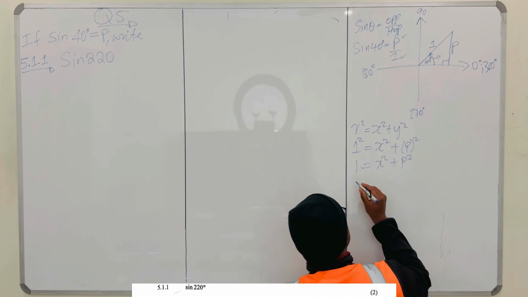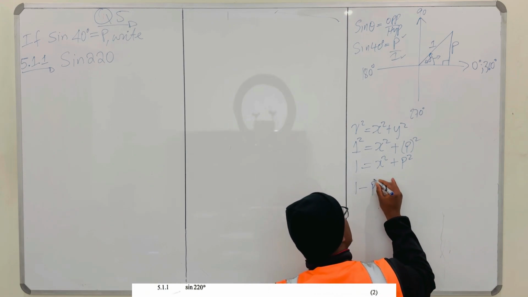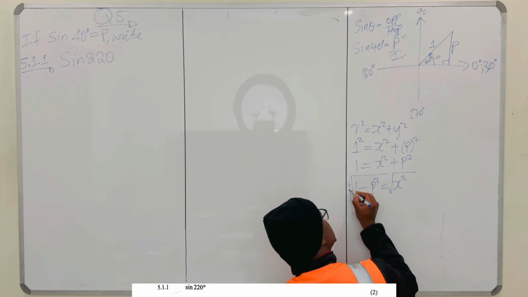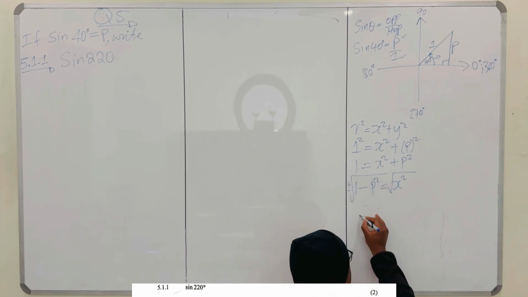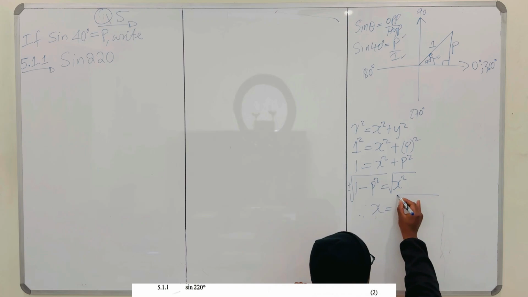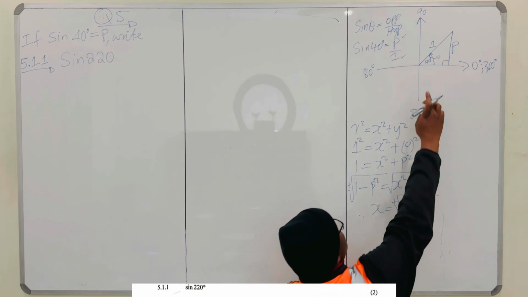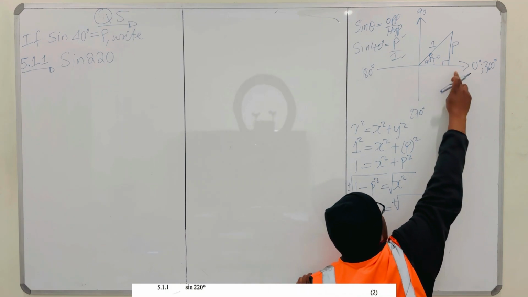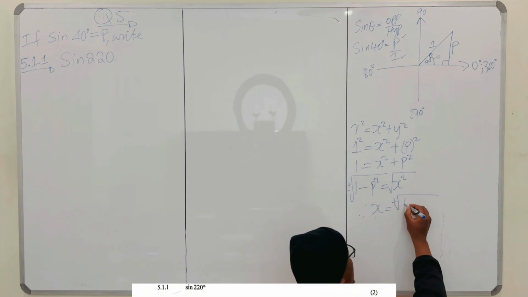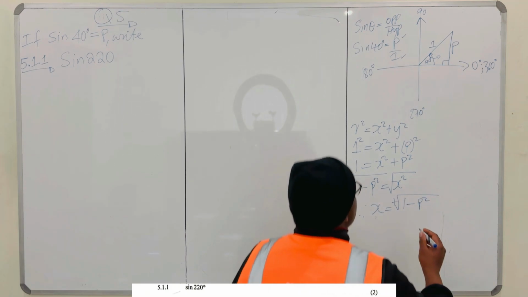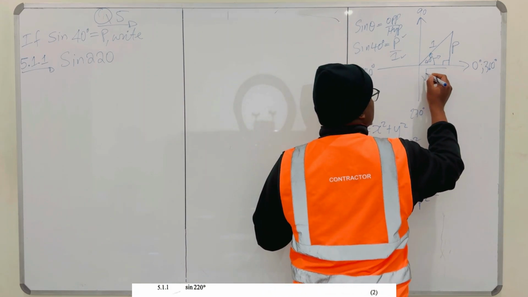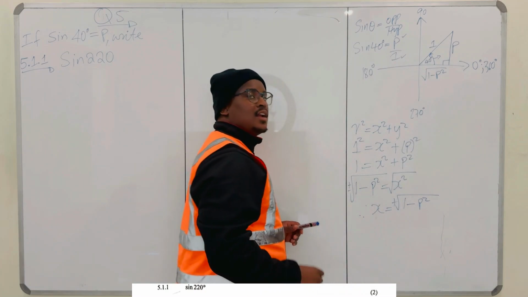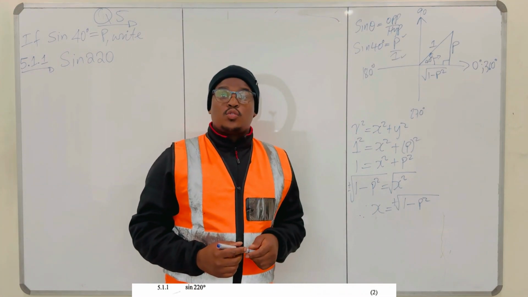Transfer the P squared to this side, so you have 1 minus P squared equals x squared. Then take the square root, because it's a plus or minus. Therefore, your x is equal to the positive square root, because x is on this side. We know that on the right-hand side of 0, the x values are positive. So the x component here is the square root of 1 minus P squared. Once you complete this triangle, it's easier to work with it.